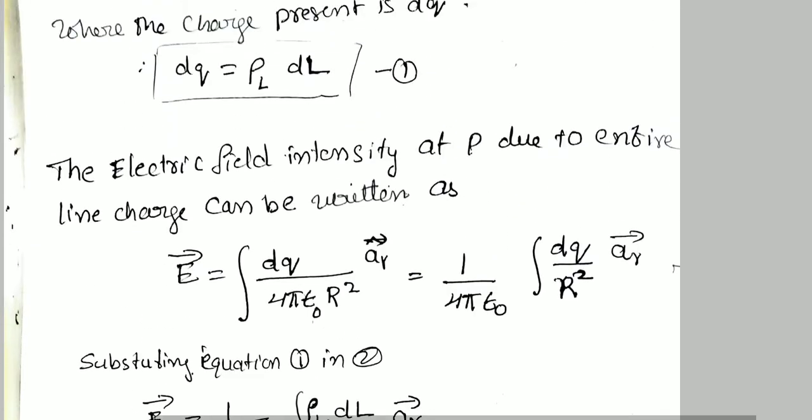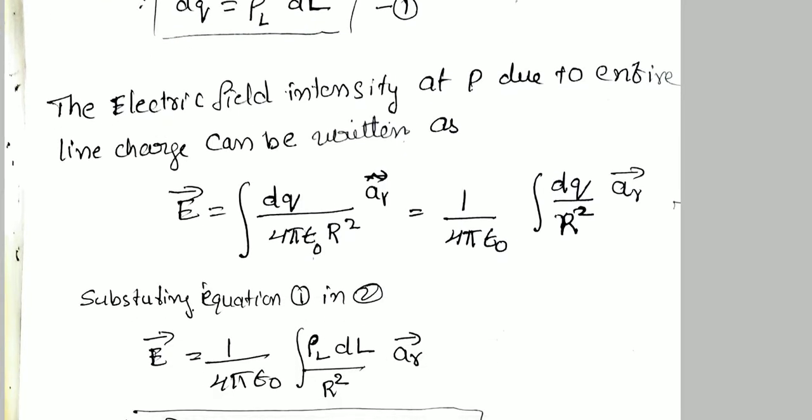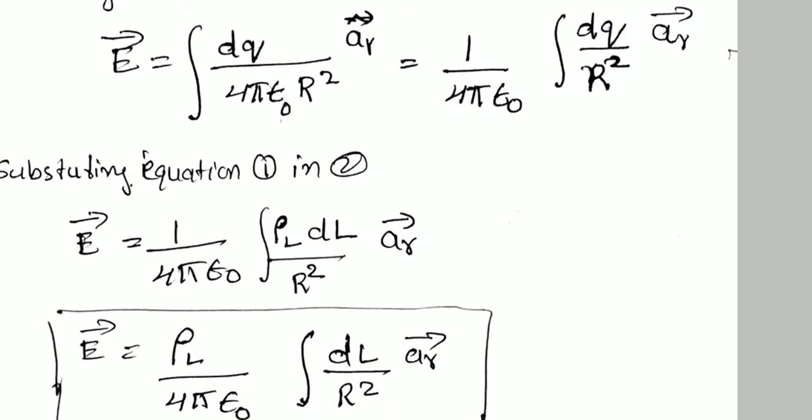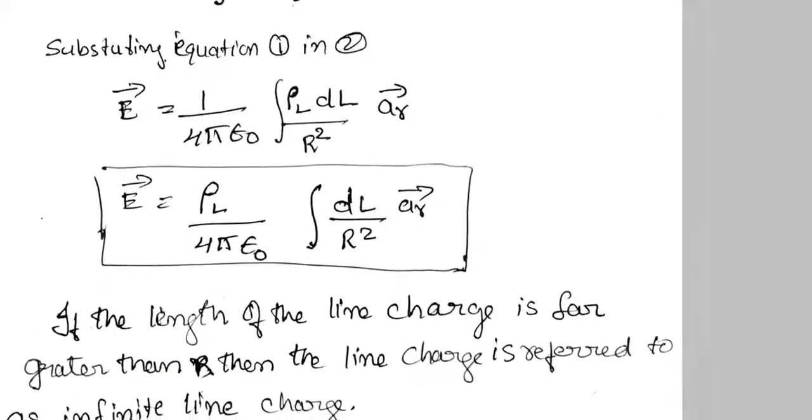Substituting equation 1, that is dq is equal to rho L into dl, in equation 2, we get 1 by 4 pi epsilon naught integration of rho L into dl divided by r square into AR. Rearranging once again, rho L can be taken outside because it is also a constant: rho L divided by 4 pi epsilon naught into integration of dl divided by r square into AR.